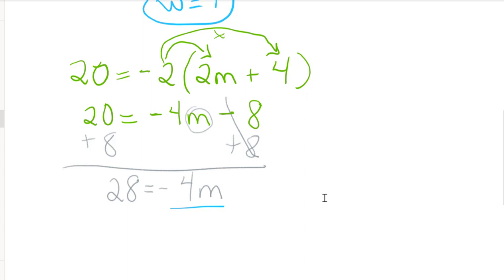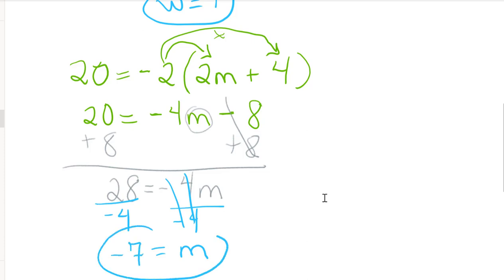When I divide, you have to take the negative sign with it. These cancel. m equals 28 divided by negative 4. If you put that in your calculator, that's going to be negative 7. Remember, I am doing these on the video. You can be practicing with the numbers on the calculator while I'm doing them.